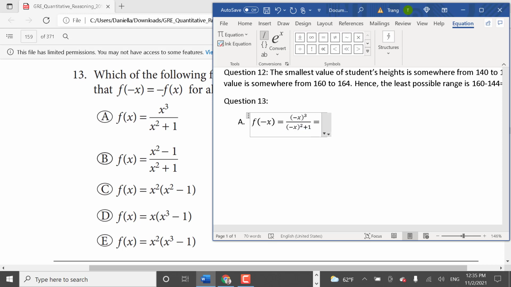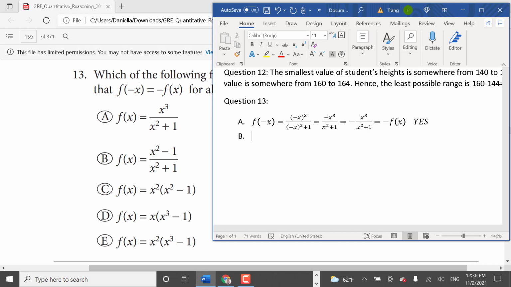Minus x whole cube is just equal to minus x cubed, and minus x whole squared is just x squared, then plus 1. If you factor the minus sign out, you will have x cubed on the numerator and x squared plus 1 at the denominator, which is the same as minus f of x. And you see that A is the correct choice for the function that satisfies the property. So this is correct, I'm going to leave a yes.